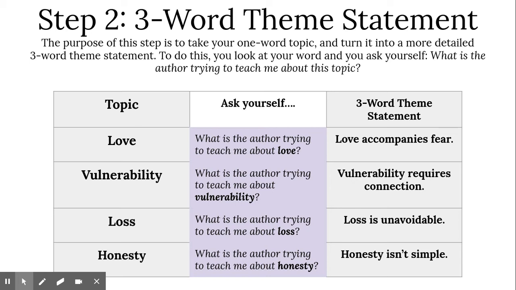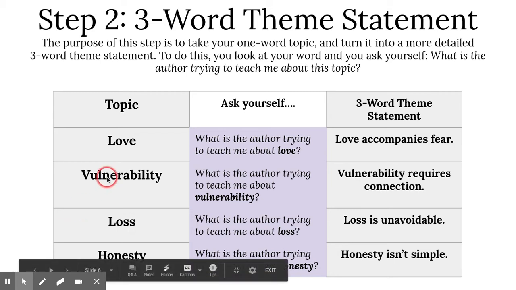What's the author trying to teach me about vulnerability? What's the author trying to teach me about loss? What's the author trying to teach me about honesty? And however I answer those questions, I come up with 3 words that I feel do the best job at answering what the author is trying to teach me about that topic.